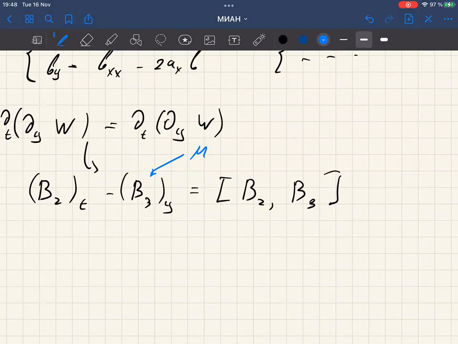Vadim, where did you find this proof? This derivation? Well, it's from this book on discrete integrable systems.